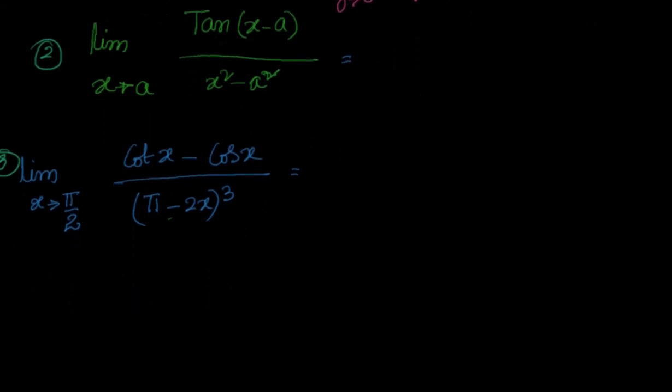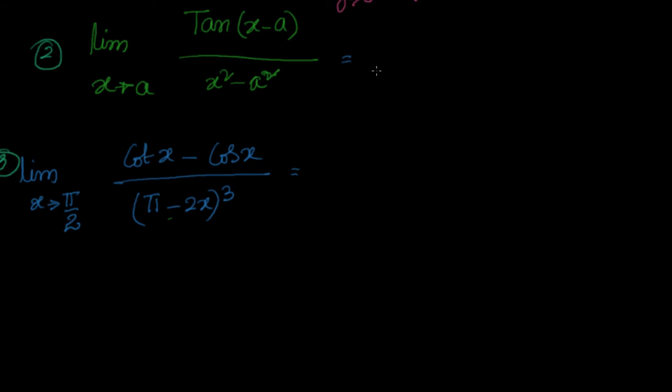Okay, here we go. What we know, here you can see x tends to a, tan of x minus a by x square minus a square. First thing first, I should have a variable which tends to 0.